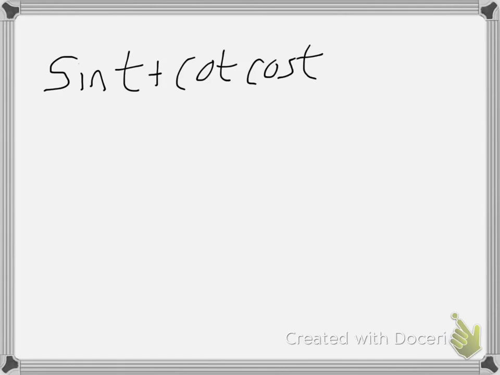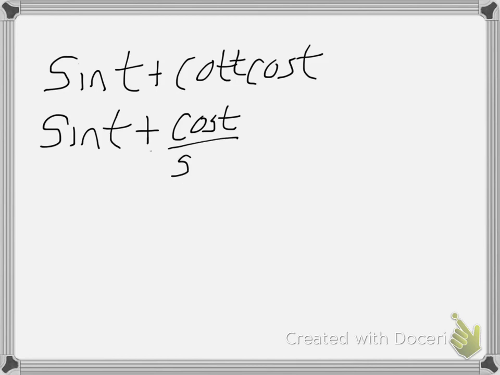I'm going to start off by taking my cotangent and rewriting it in terms of sine and cosine. I'm going to leave everything else alone. Sine of t. If the cotangent is the cosine over the sine, then this is the cosine of t over the sine of t times the cosine of t.